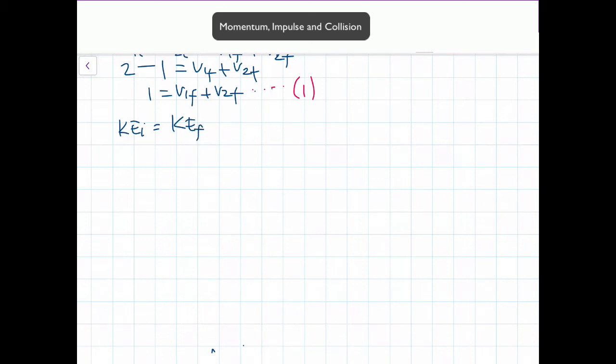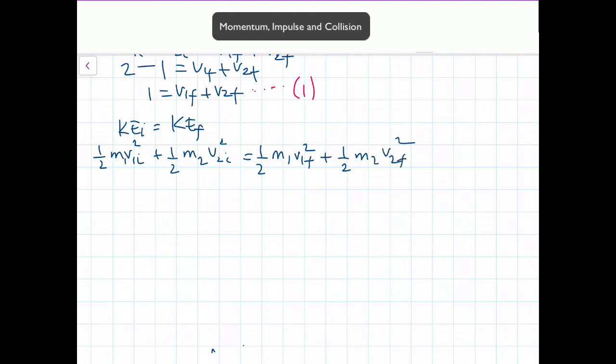So write the equation: half times m1 v1 initial squared plus half times m2 v2 initial squared equals half times m1 v1 final squared plus half times m2 v2 final squared.